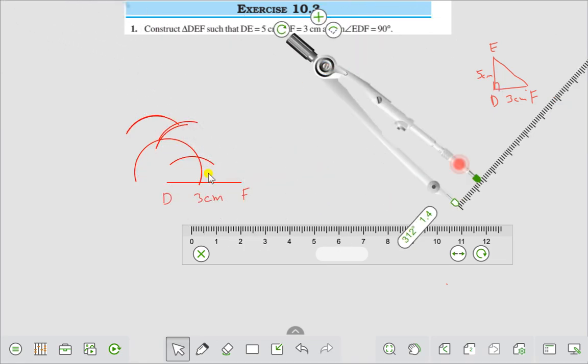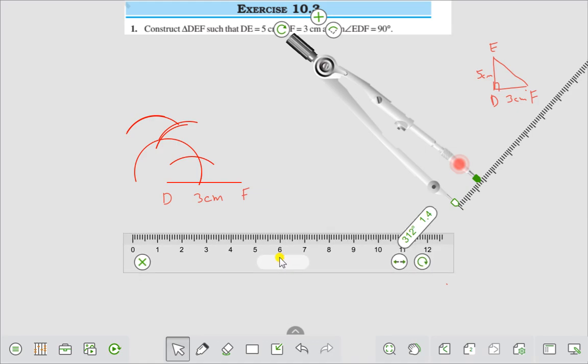Now we will draw this 90 degree angle with the help of a scale. Now draw the side of the 90 degree angle, this one.